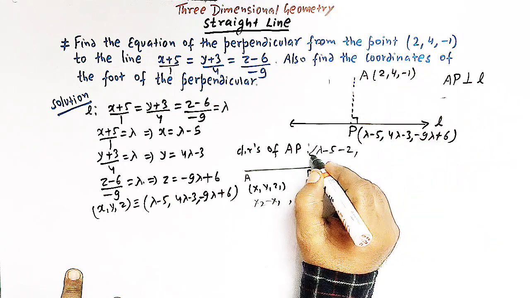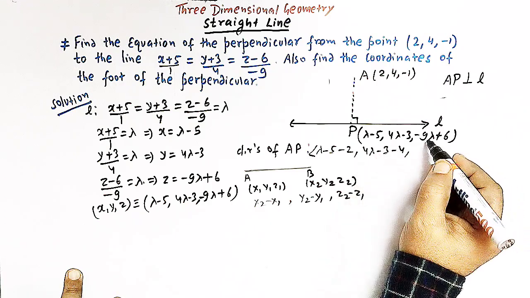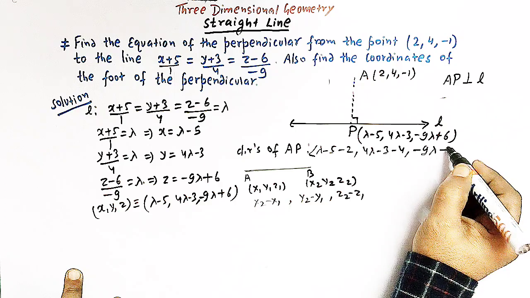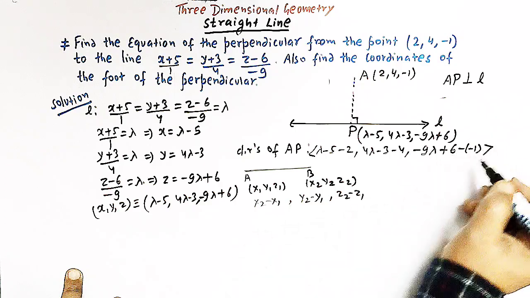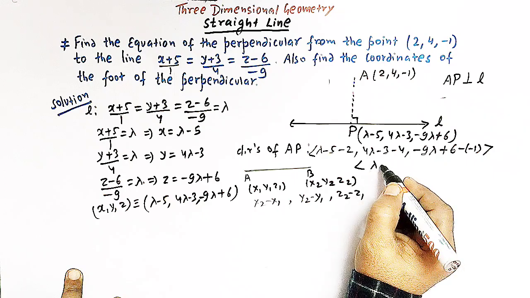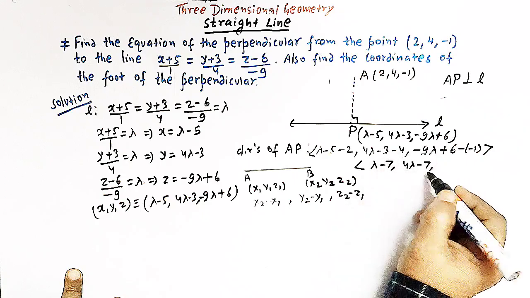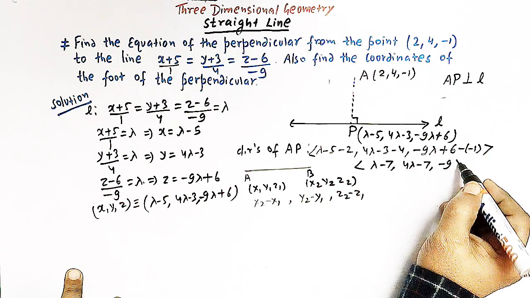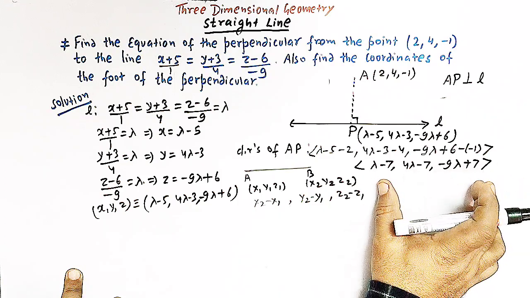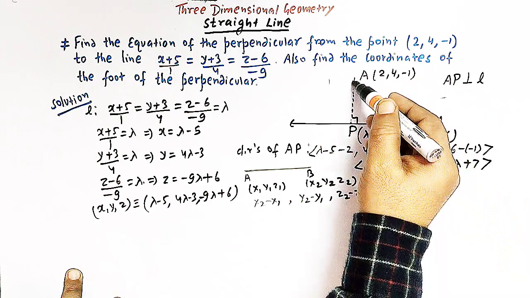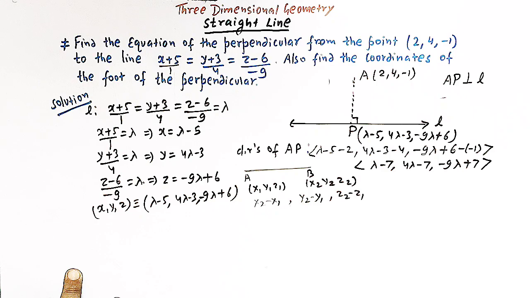Then we have 4 lambda minus 3 minus 4, and then minus 9 lambda plus 6 minus 1, right? So we can now write lambda minus 7, then 4 lambda minus 7, and then minus 9 lambda plus 5. So these are the direction ratios of this perpendicular AP, right?